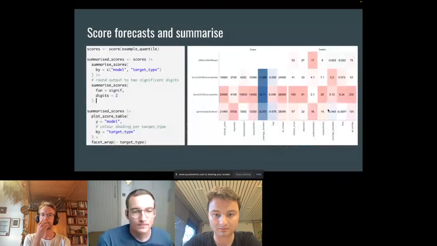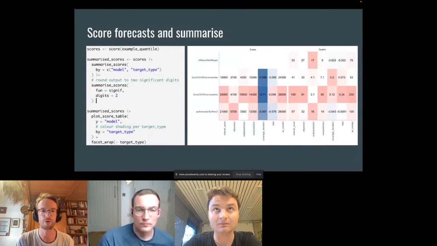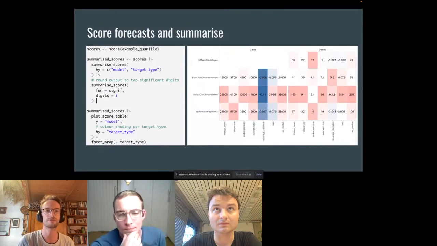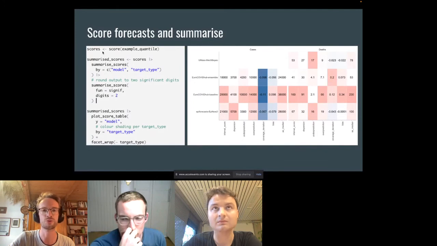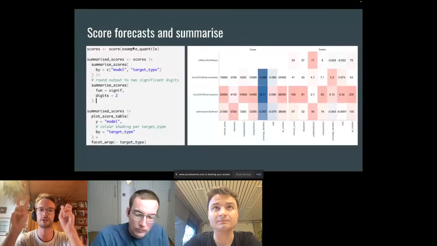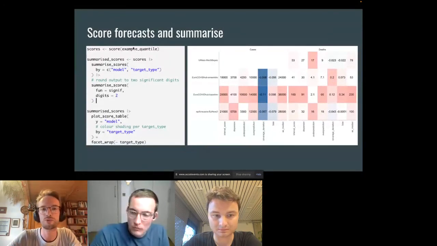Okay, so now we want to score the forecasts, of course. There's a function that you can use for that, and a function called summarize scores, which is then able to summarize your forecasts. So instead of a score for every signal, you get a summarized score per model and target type.